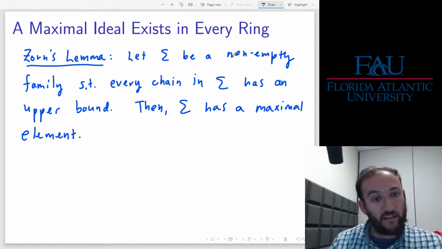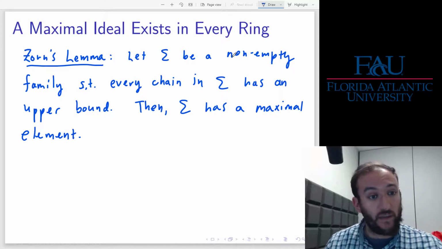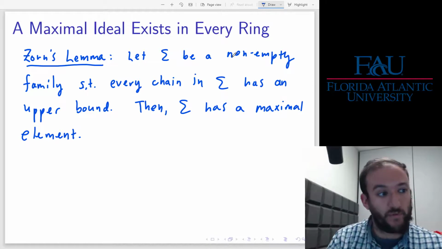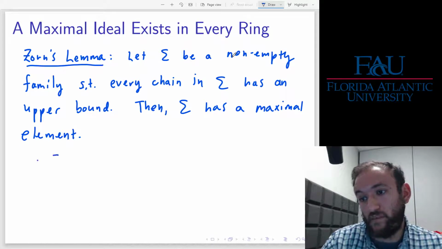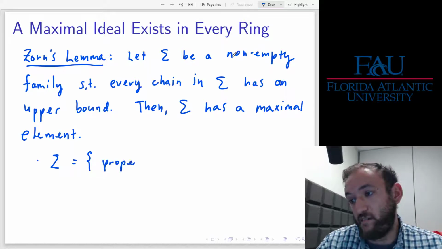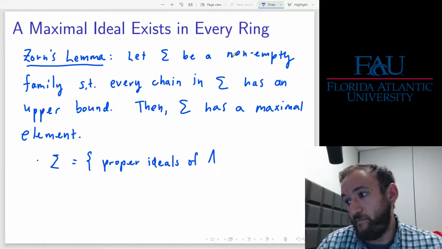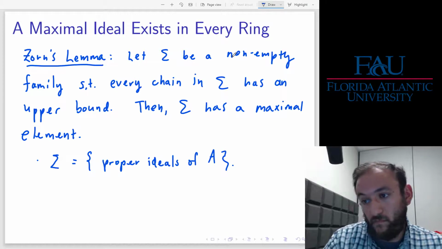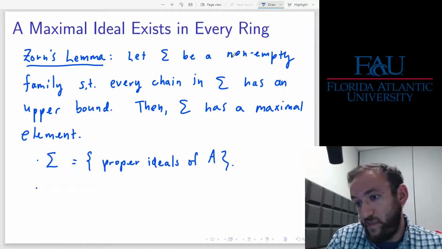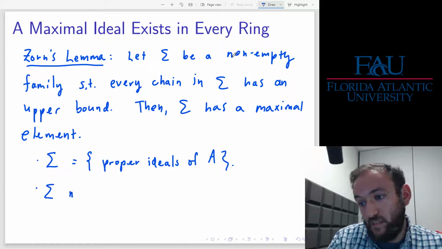Okay, so we just have to prove that these conditions are satisfied for the ideals of a ring, and then we'll be able to find a maximal element. And in particular, it has to be the proper ideals of a ring. So obviously, sigma is the set of proper ideals of A. Okay, this has to be a non-empty family, and it is non-empty because we have the zero ideal.